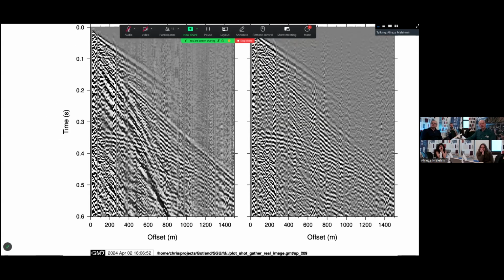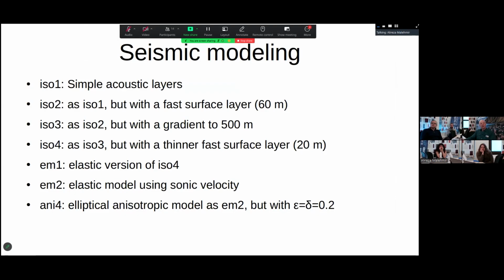So again, the seismograms raw and filtered. I'll run through quickly some seismic modeling of these to try to simulate what we see in the actual data.